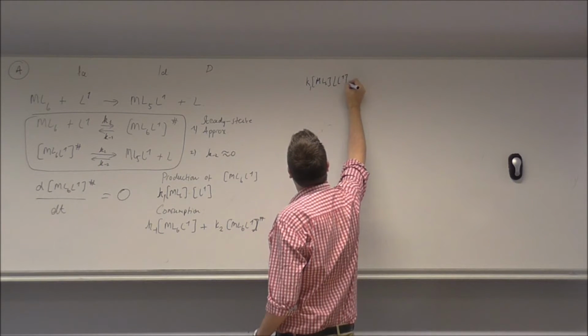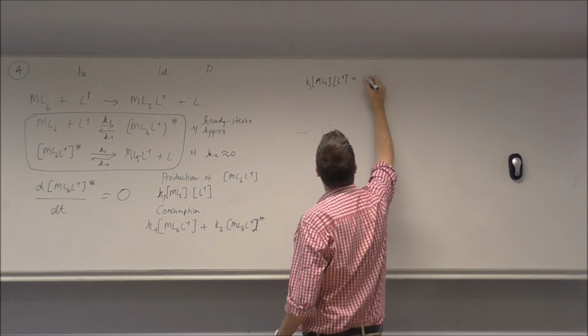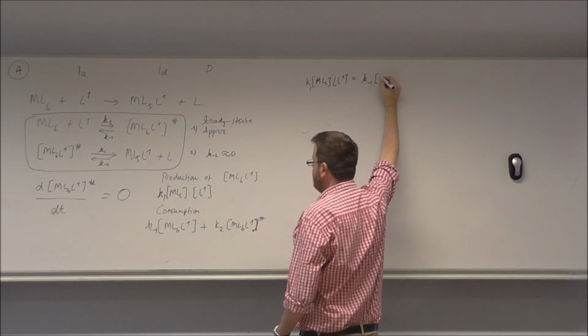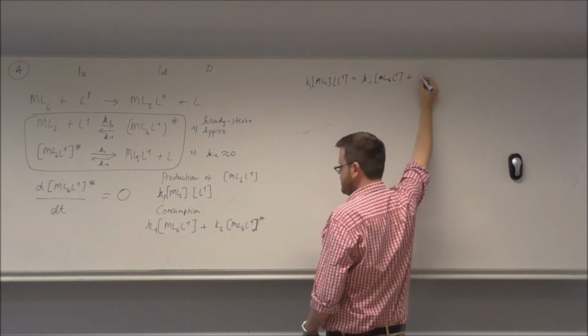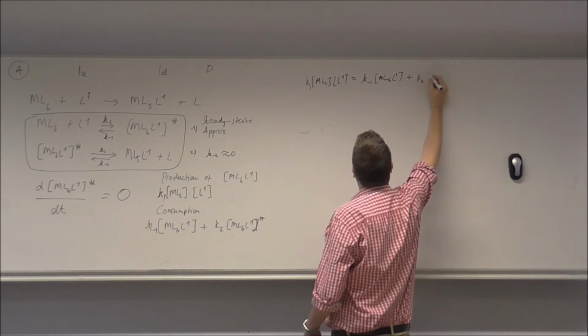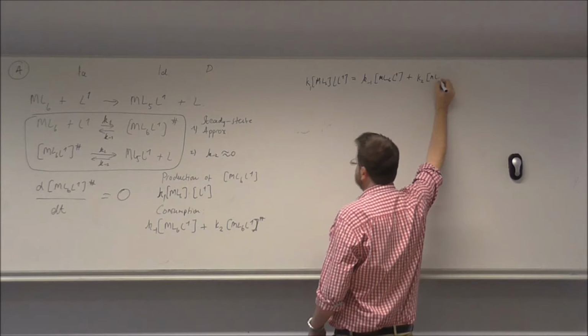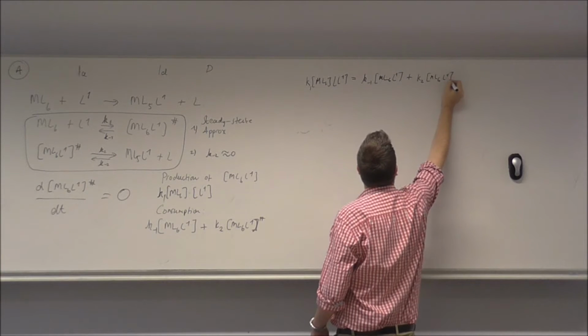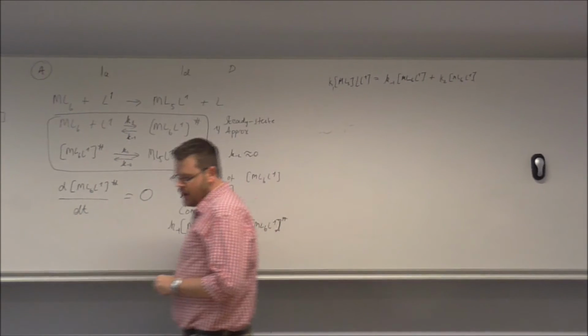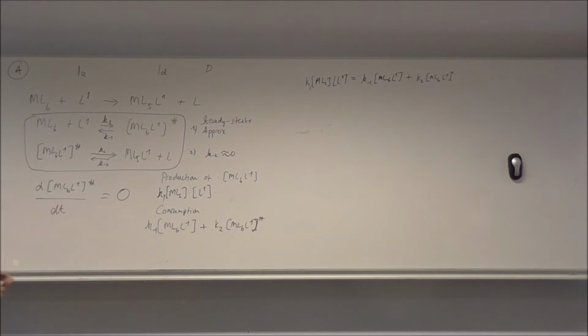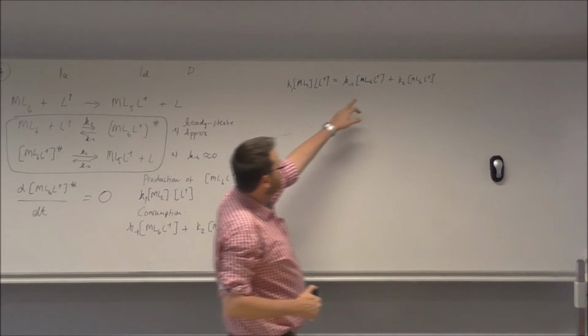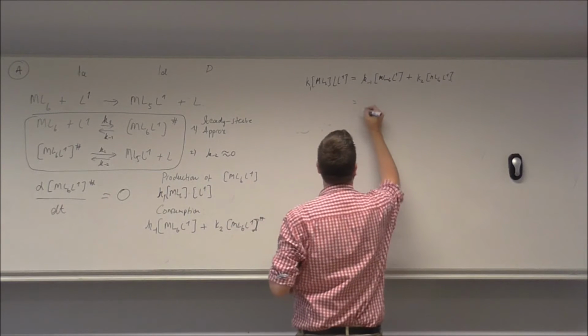ML6L1 equals K minus 1 ML6L1 plus K2 ML6L1. Okay. So what we can now do is factor this out.